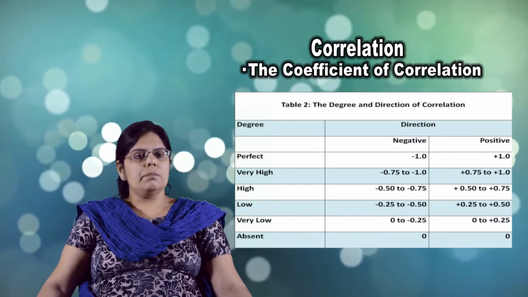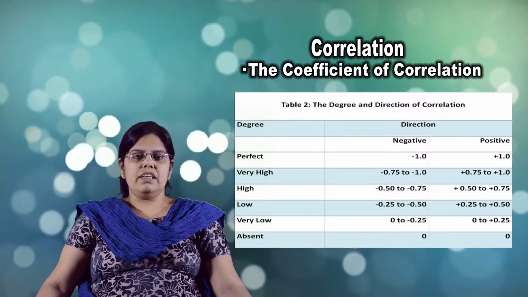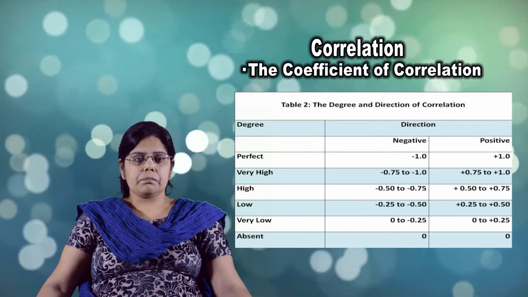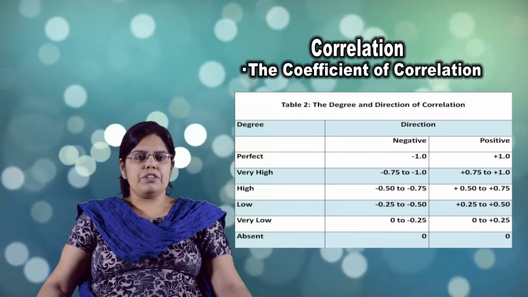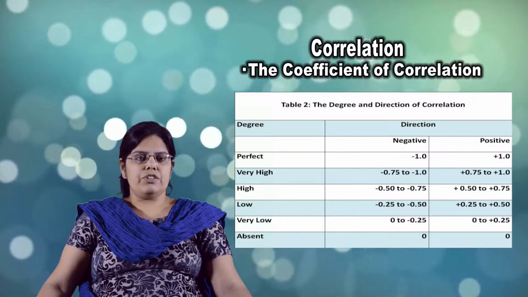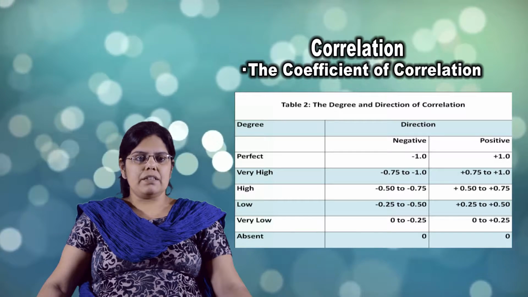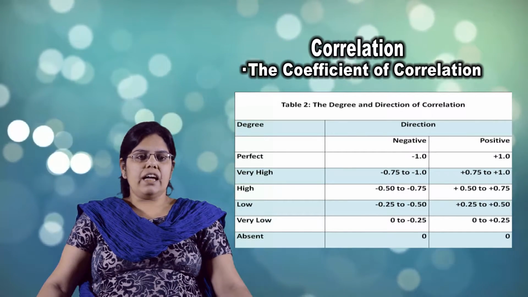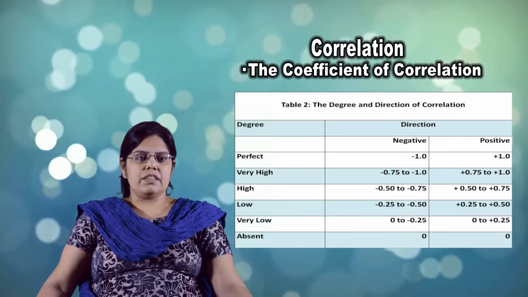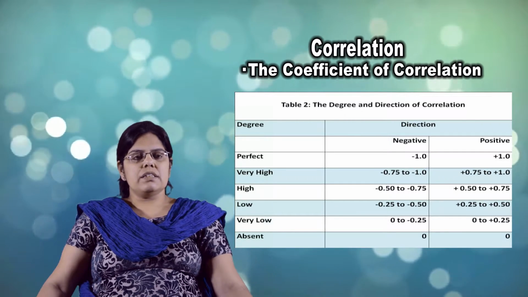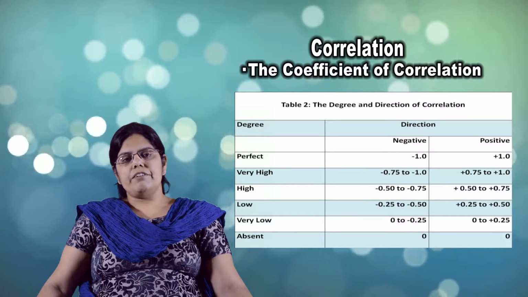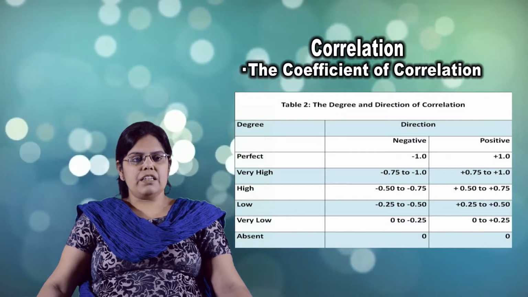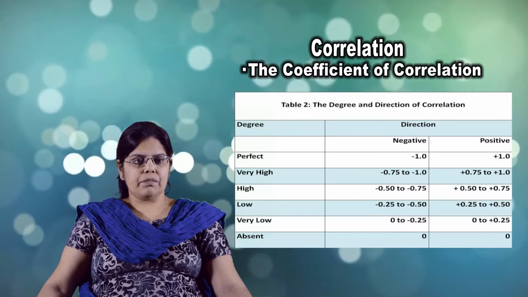Let's study the broad categories of the degree and direction of correlation with its meaning. The perfect positive and perfect negative correlation is represented by +1 and -1 values. Very high correlation is represented when the value ranges somewhere between 0.75 to 1, applicable for both positive as well as negative sign.